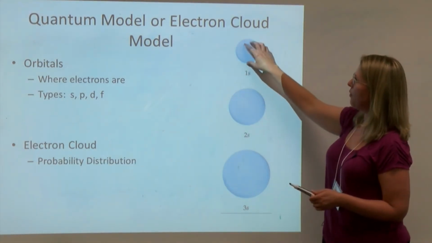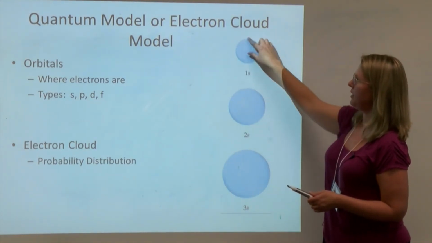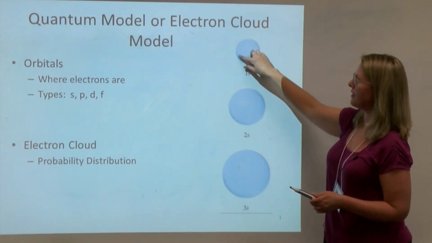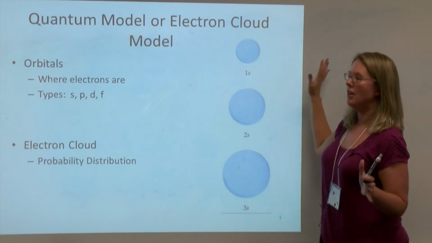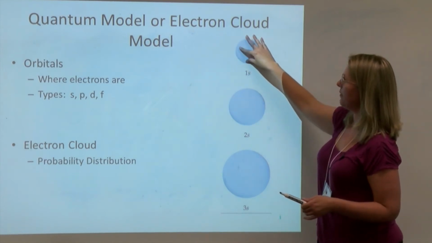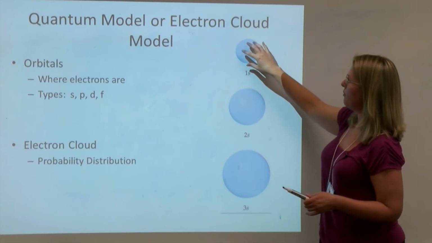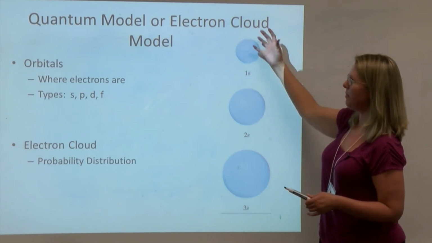And so in this orbital, the electron is probably, 98% of the time here. But at any one time, it could be up here, down here, over here.